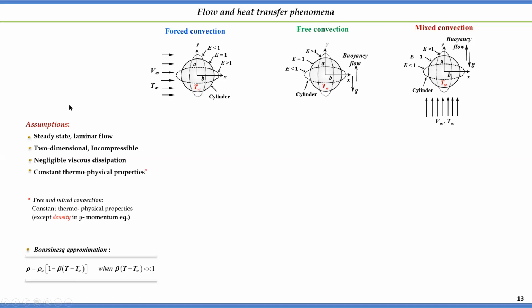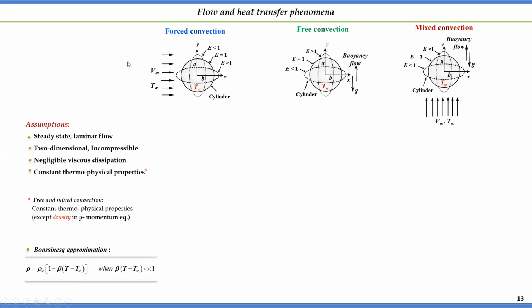So whatever equations of mass, momentum, and energy we have to solve in order to get the resulting quantities, we need to simplify our problem by considering certain assumptions which closely resemble our problem statement.